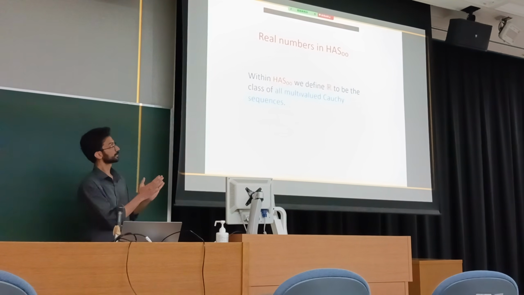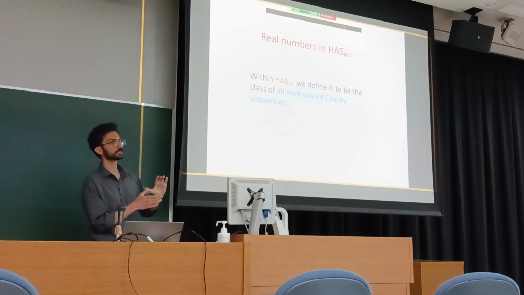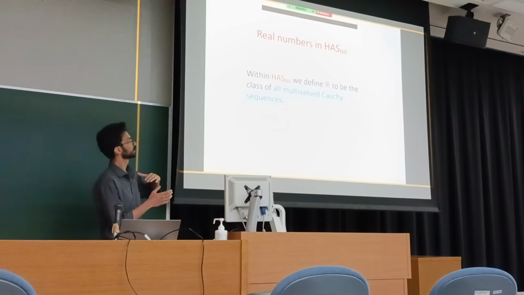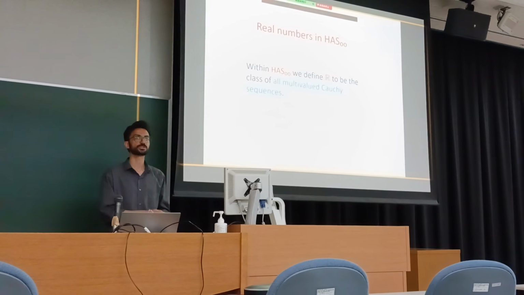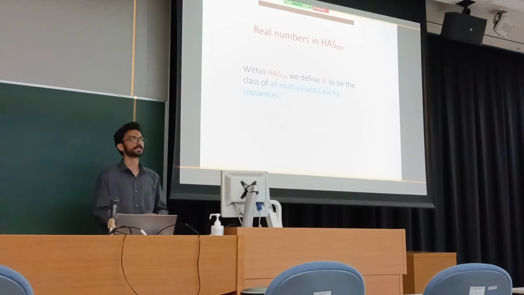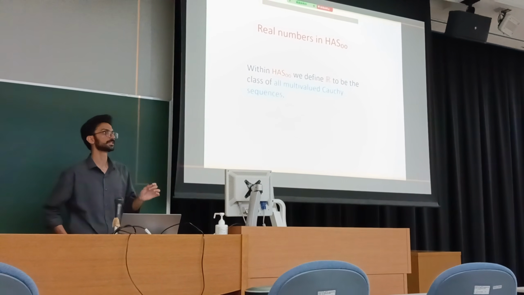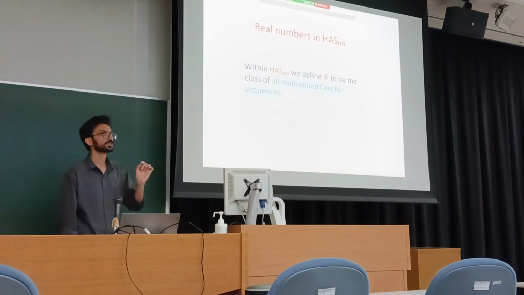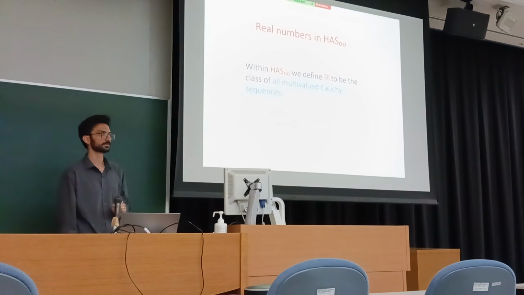And in this system, in HAS00, we define R to be the class of all multivalued Cauchy sequences of rational numbers. Therefore, in this setting, every real number is a multivalued Cauchy sequence of rational numbers.